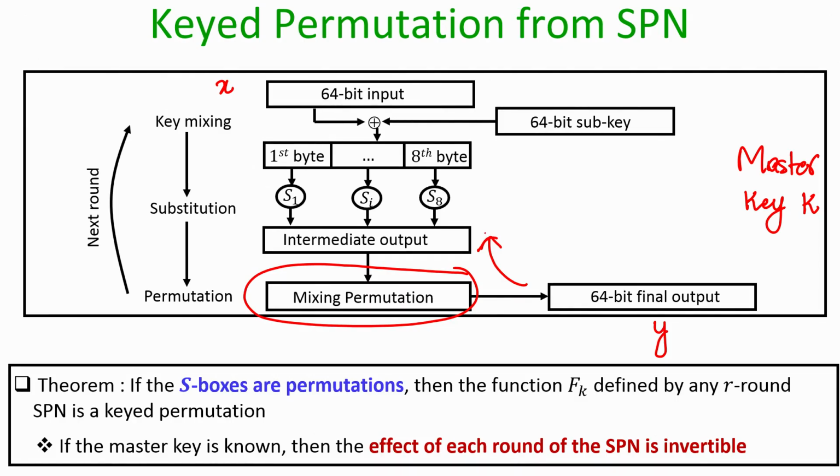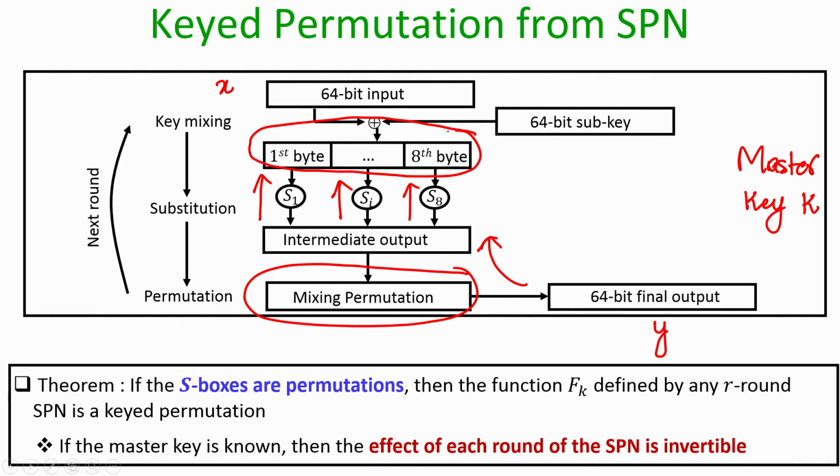Now, once we have reached here, that means we have reached the state where we know the output of the 8 S boxes, and each of these S boxes is invertible. As a result, we can reverse back the effect of each of these S boxes, and we have come to the output of the key mixing stage.